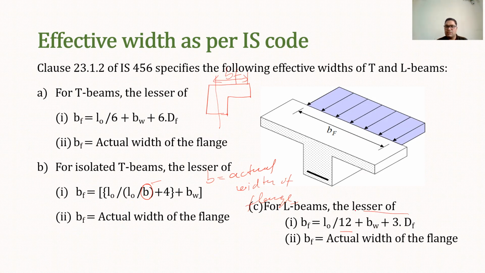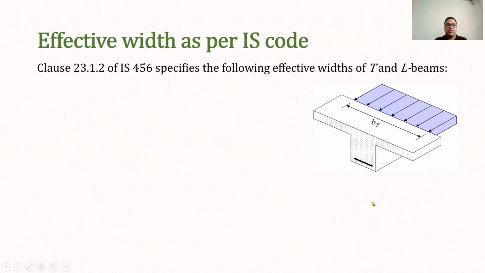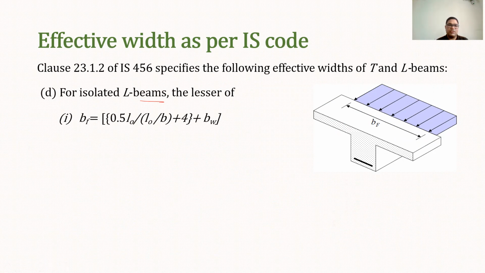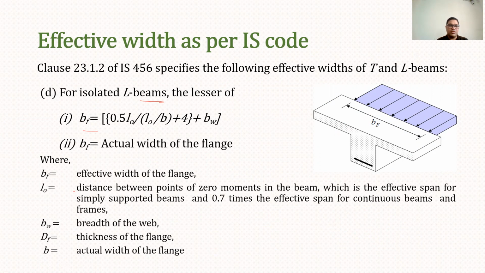You can see this is exactly half of this one, so this is twice of this formula, because in case of an L-beam we have flange available only on one side. That is why we are taking half of that. Similarly, if we have an isolated L-beam, we have a different formula to calculate the effective flange width. All the notations here we have explained.